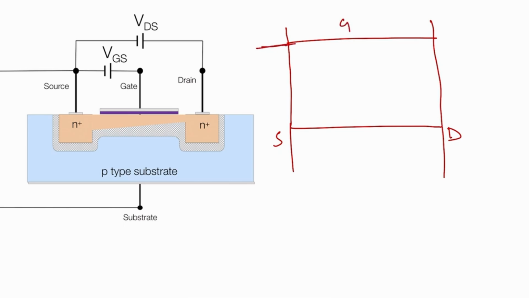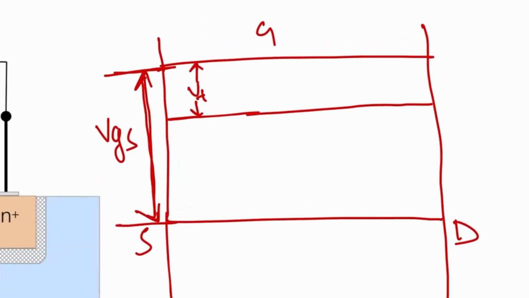We are thinking of this whole channel, and this voltage is VGS. You already know the VT, the threshold voltage, such that the channel can be created. So I think that VT is this much. This voltage we need.